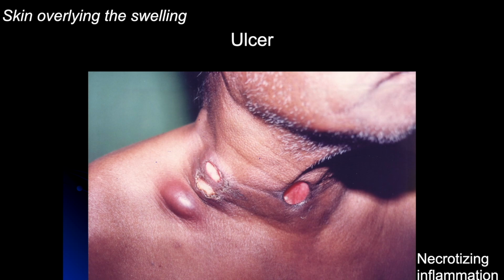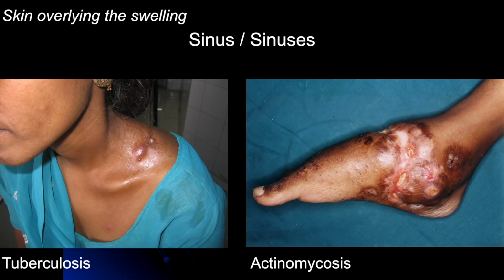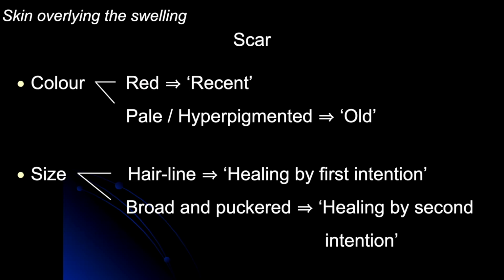In some specific chronic infections, ulceration results from necrotizing inflammation, for example, ulcer following tuberculous lymphadenitis. The pathology here is caseation necrosis. Sinuses are commonly seen in tuberculosis and actinomycosis.